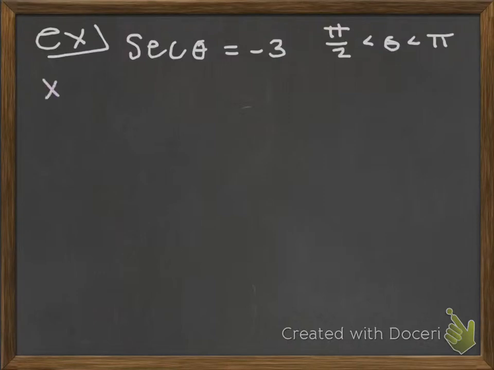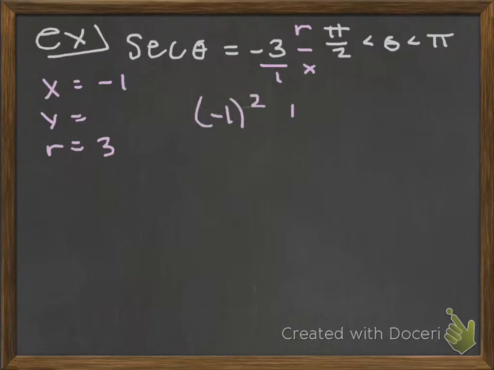So we need to figure out my x, y, and r values. So secant is r over x. So I have like a -3/1, and we know that a radius can never be negative, so the 3 is positive, and we know the 1 has to be negative. Now we have to figure out our y value, so we'll use Pythagorean theorem. So we'll do a -1 squared plus y squared equals 3 squared.